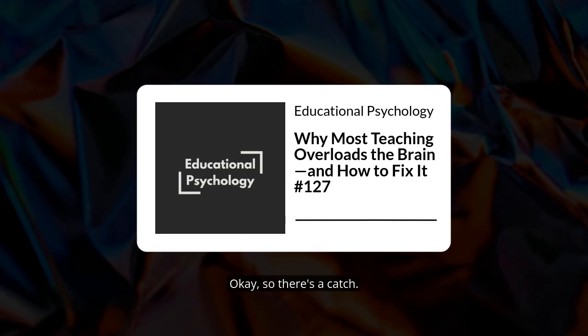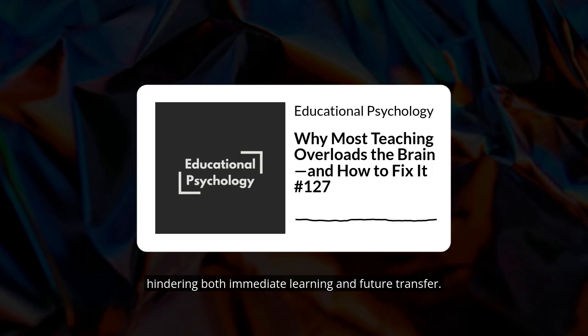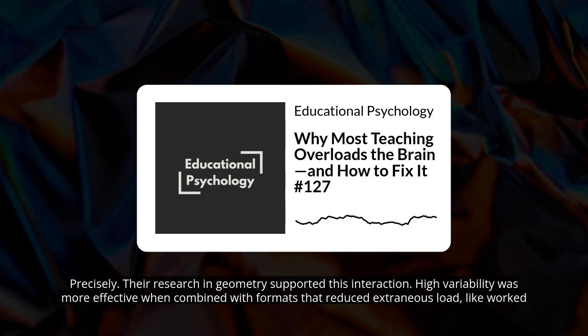Okay, so there's a catch. Exactly. If extraneous load is already high, due to poor design or complex initial problems, then adding more variability might simply overload working memory, hindering both immediate learning and future transfer. So you need to manage the extraneous load first. Precisely. Their research in geometry supported this interaction.